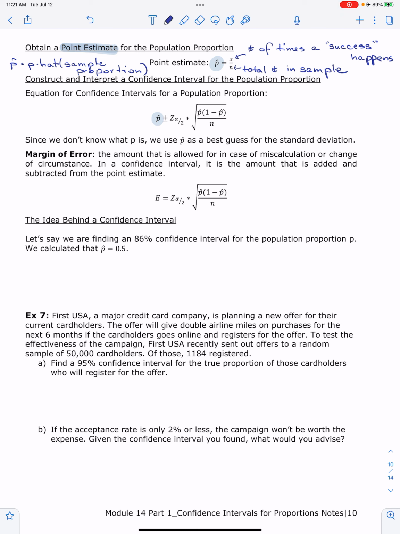Okay, so back up here a minute. Our confidence interval is p hat plus or minus our margin of error, which means that z of alpha over 2 times the square root shenanigans, that's our margin of error.